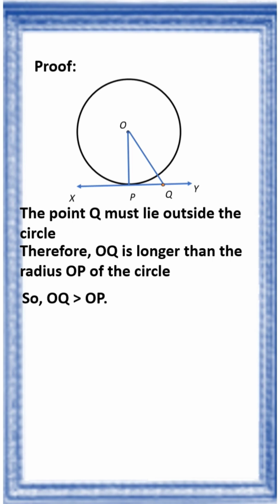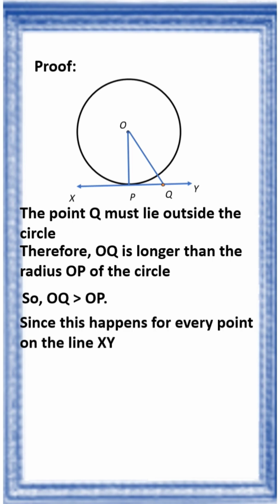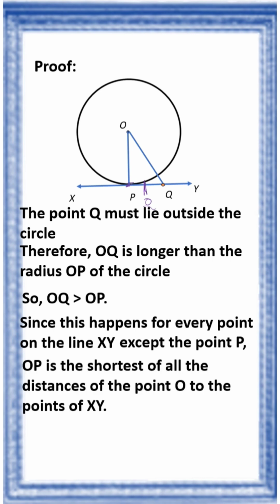So OQ is greater than OP. Since this happens for every point on XY, if Q is here also, it is greater than OP, except for the point P. If it is here only, that is equal to OP. OP is the shortest of all distances from the point O to the points on XY. So OP is perpendicular to XY.